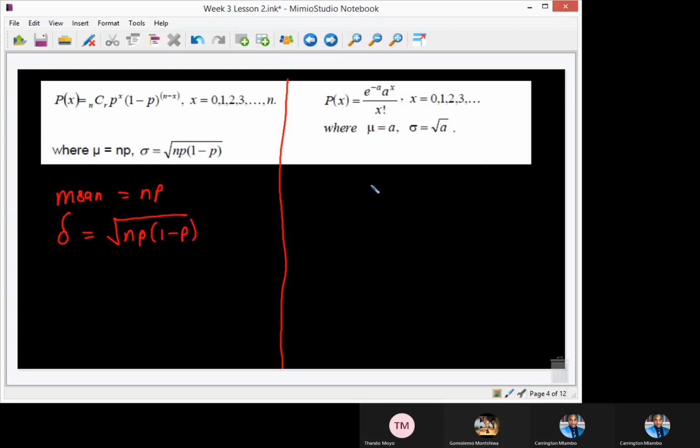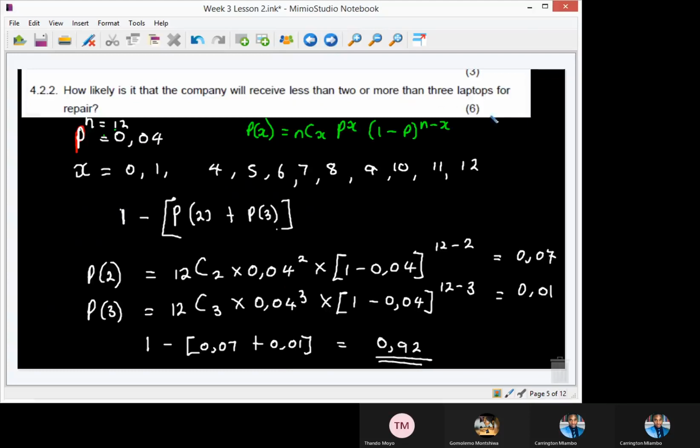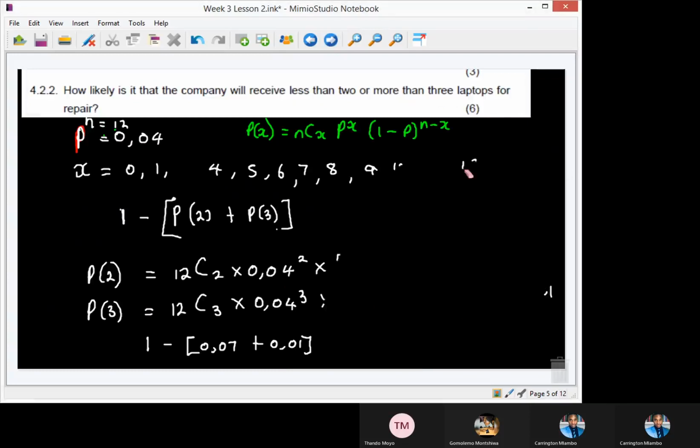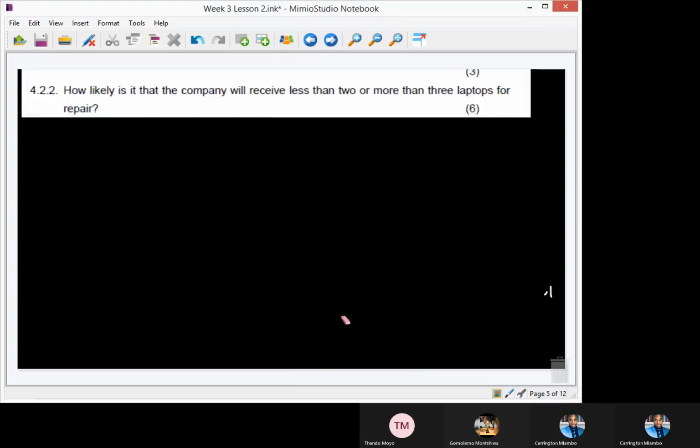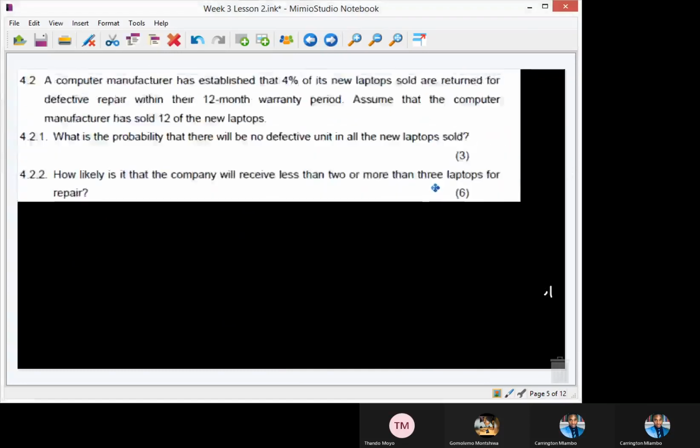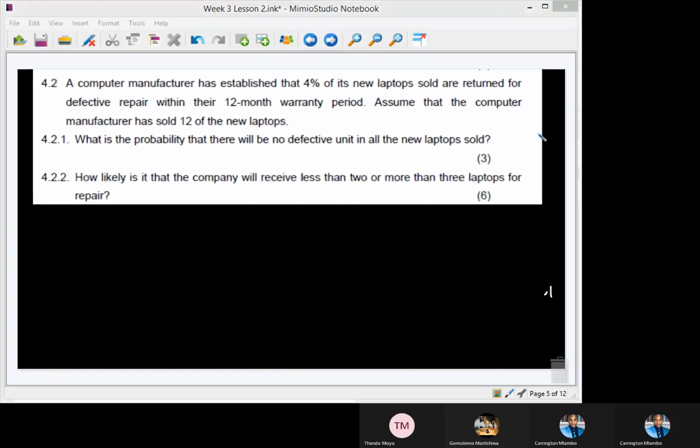So what we are going to do now is calculate the mean and the standard deviation for the questions that we have been doing. Let's go to this question first, just calculating the mean and the standard deviation. You still remember our P is 0.04.